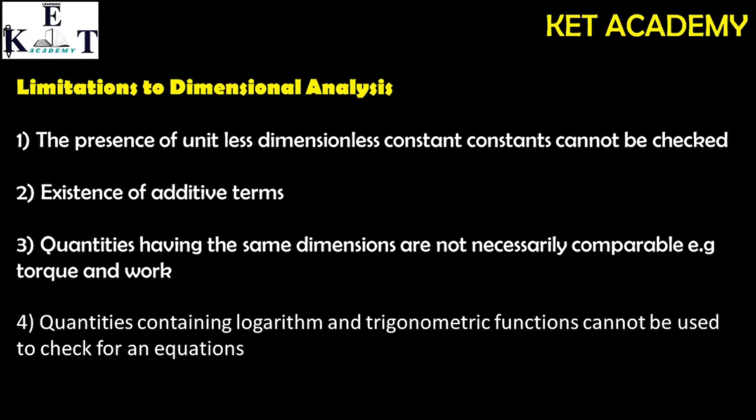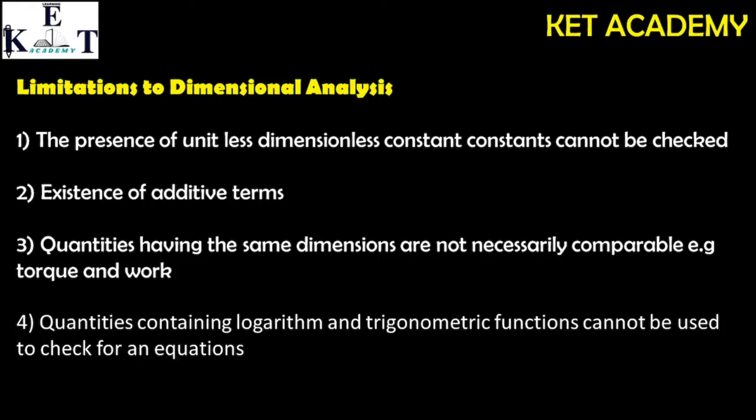The first limitation is the presence of dimensionless constants. A dimensionless constant cannot be verified in an equation, and from here we can come up with a hypothesis stating that an equation or a physical quantity can be homogeneous but not correct.